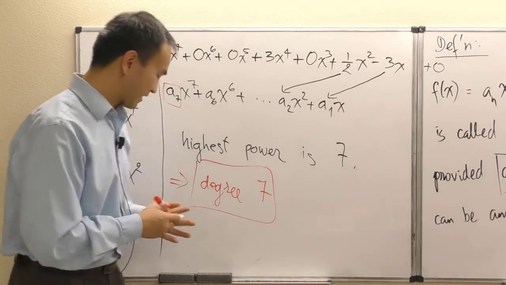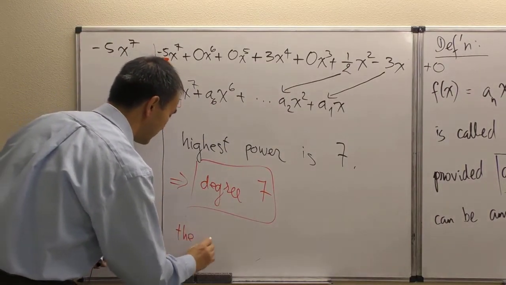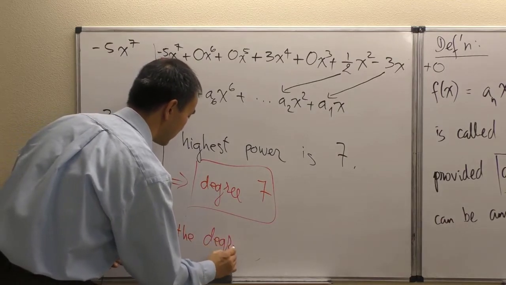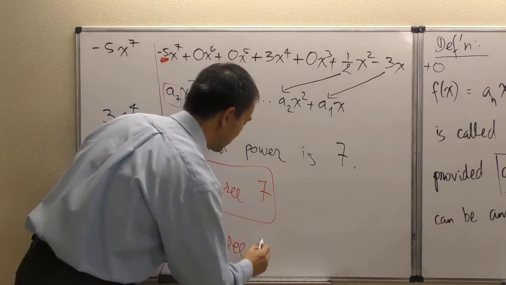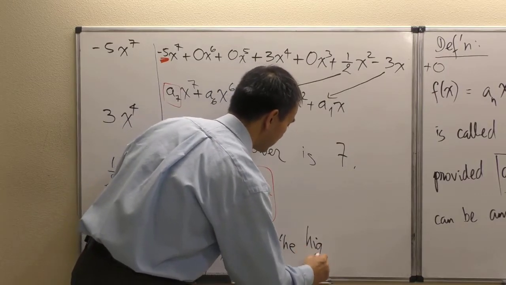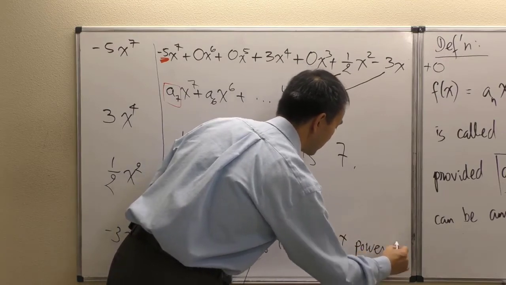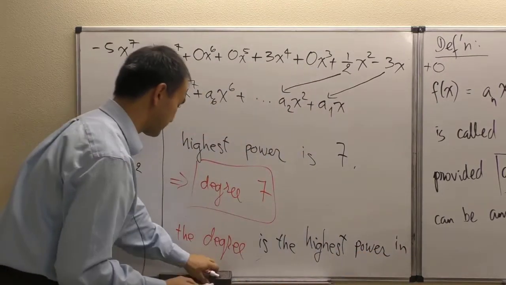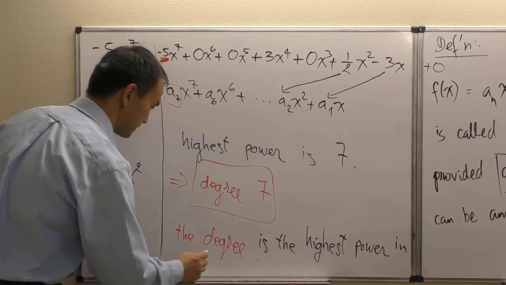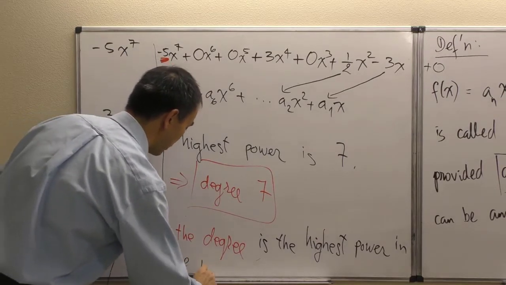So the degree is the highest power in the polynomial.